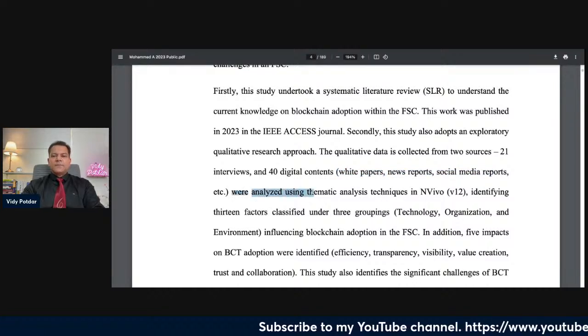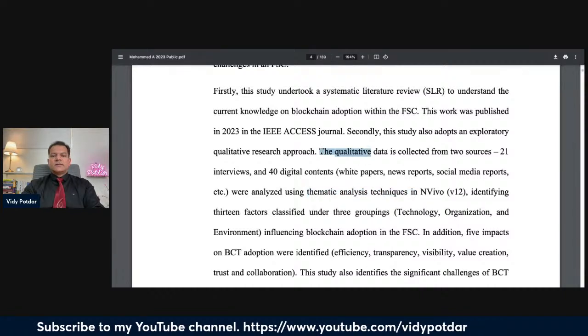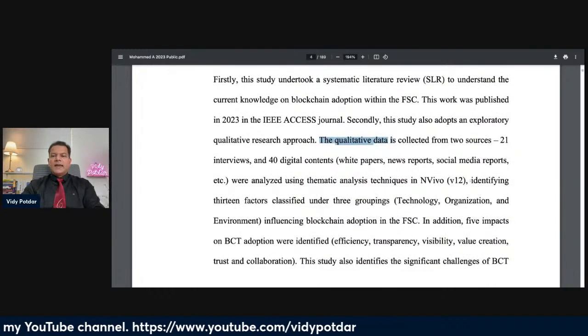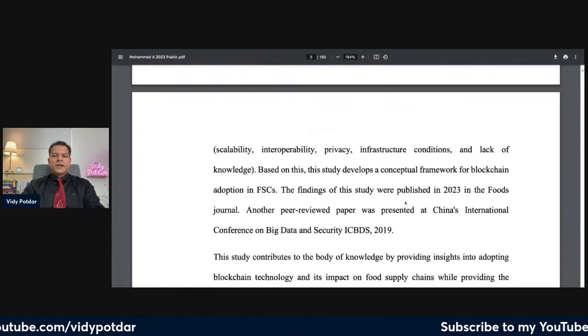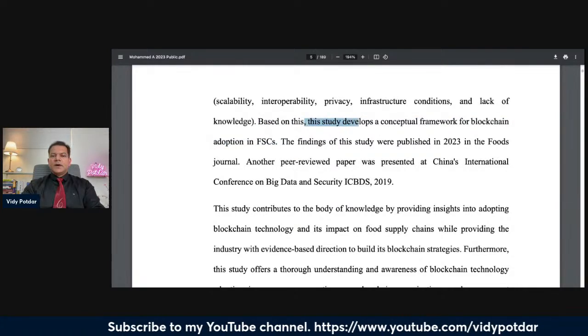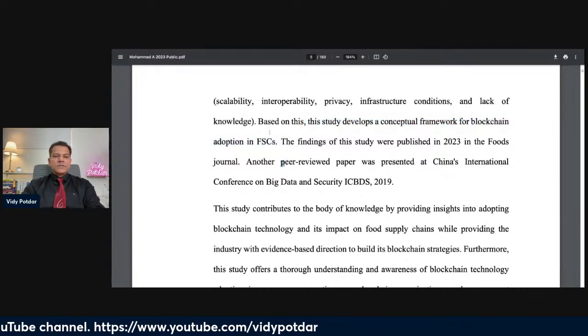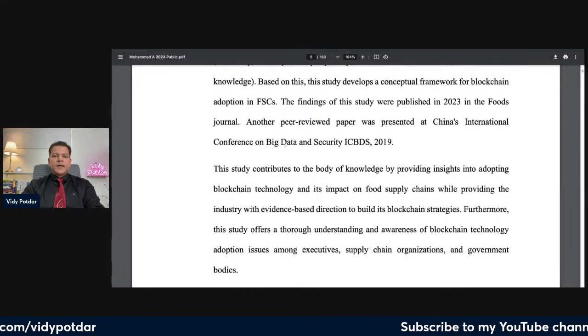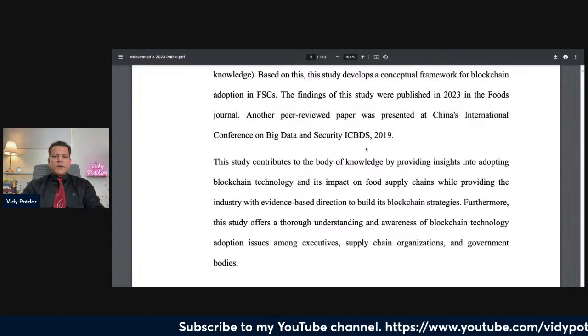And once that was done, thematic analysis was conducted to evaluate this qualitative data. And this then resulted in all these findings. The outcome, you can see, is that based on this study, the study develops a conceptual framework for blockchain adoption in the food supply chain. And here it is also mentioned that this was also published in another conference paper.